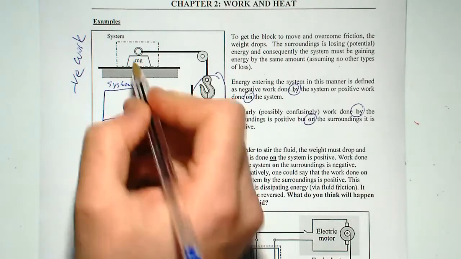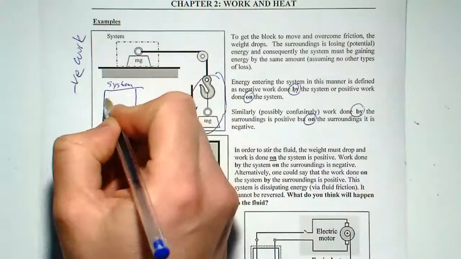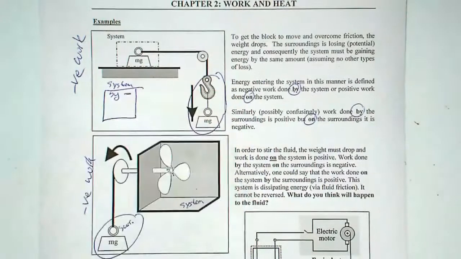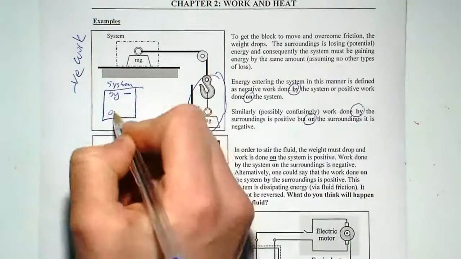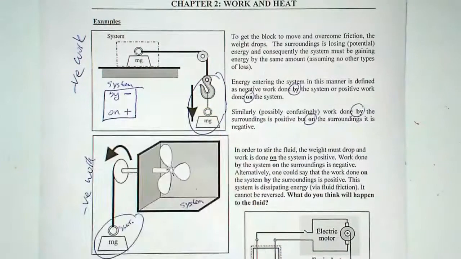So, in this case, the work by the system is negative, but the work on the system is actually positive. And this is the bit which I don't like, and it's a bit confusing.